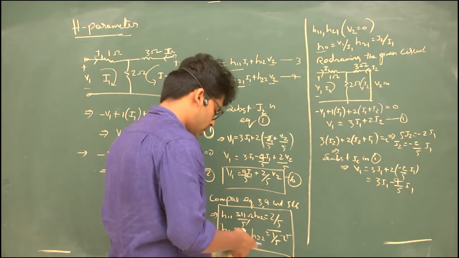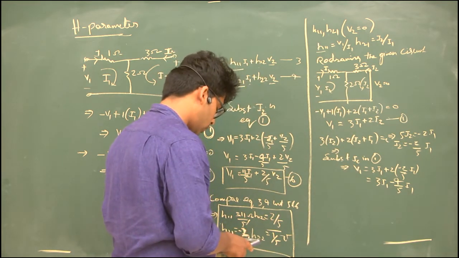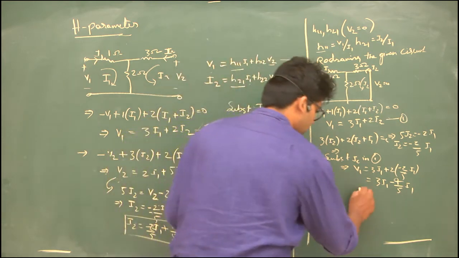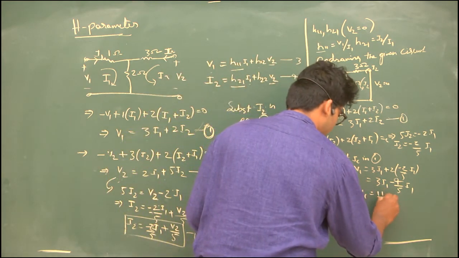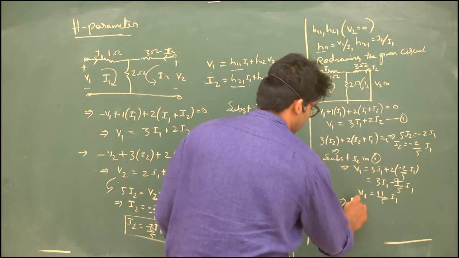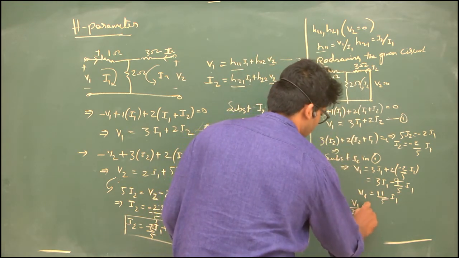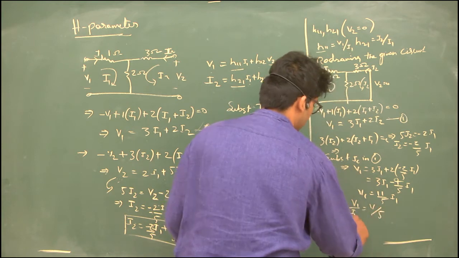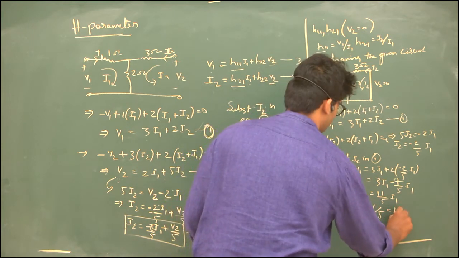So 3 minus 4 by 5, that is V1 equal to 11 by 5 I1. Therefore we obtained V1 by I1 equal to 11 by 5, that is H11.